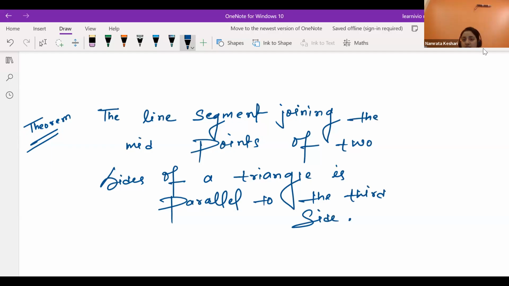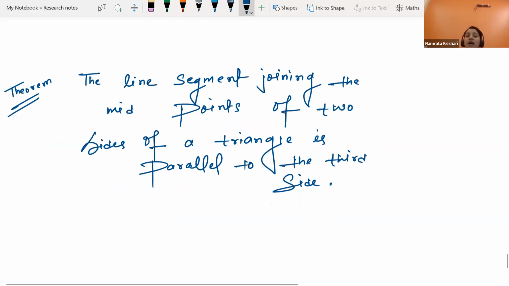Okay, so the theorem says that, let's try understanding. The line segment joining the midpoint of two sides of a triangle.